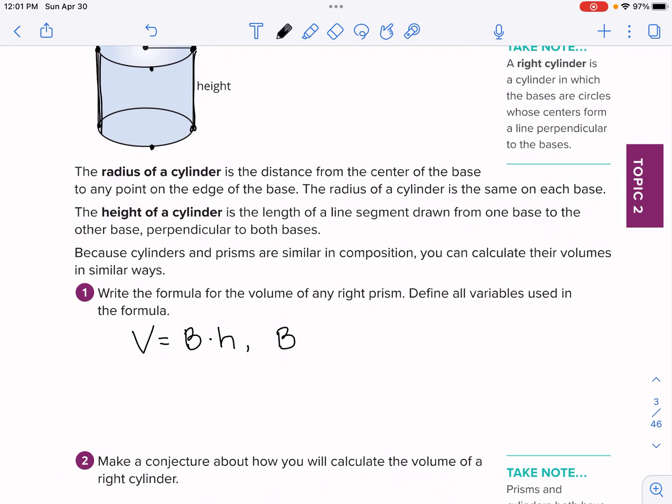The capital B is the area of the base polygon. Examples of polygons: triangles, quadrilaterals, pentagon, hexagon, septagon, or we can even have circles here as well. So the base of this is a circle.